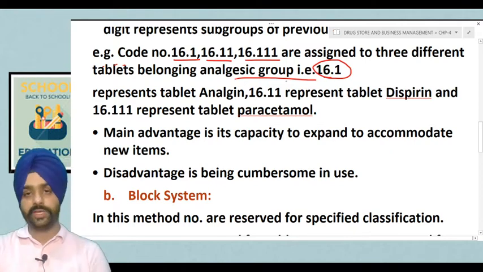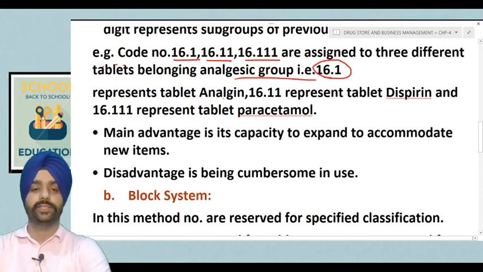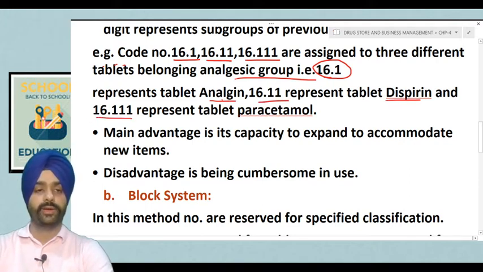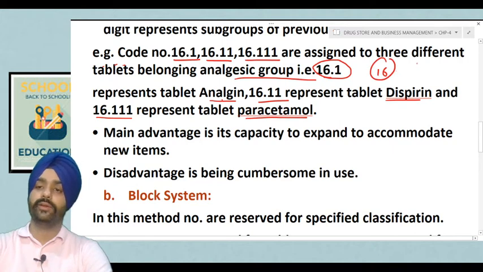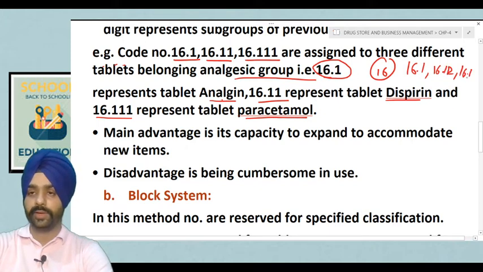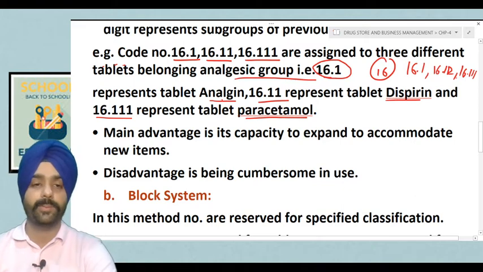For example, 16.1 represents analgin, 16.11 Dispirin, and 16.111 represents paracetamol. So, 16 is the analgesic group and 16.1, 16.2 and 16.11 and 16.111. These are the different tablets in that.